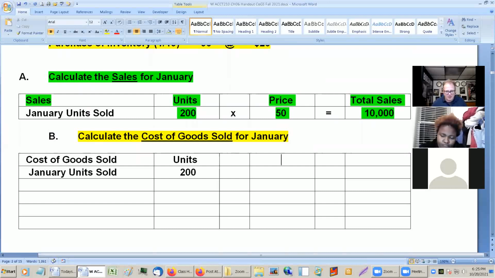Okay, so this will be the cost. That's 4,000. So this is the total cost of what we sold, $4,000.